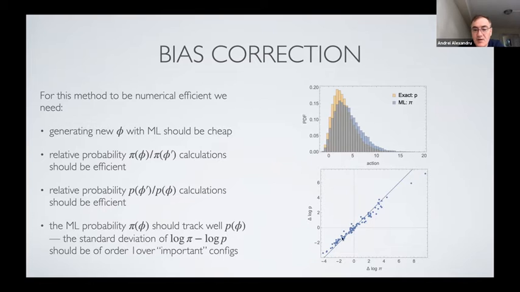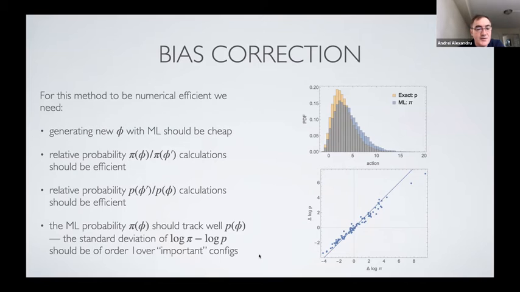Here I'm showing how these things track each other, the fluctuations in log pi and the fluctuations in log p, in a case where the distributions don't match very well, and as you see, instead of being completely on this line, they deviate a little bit.